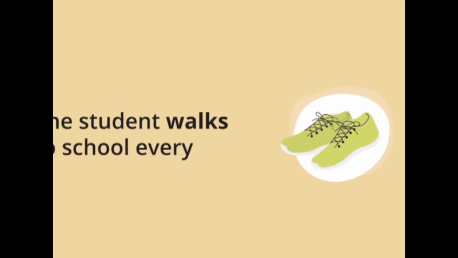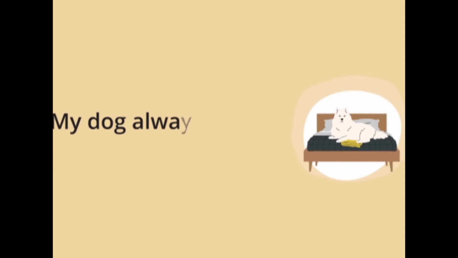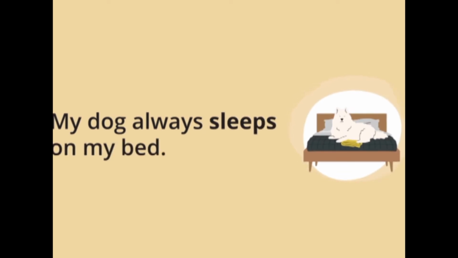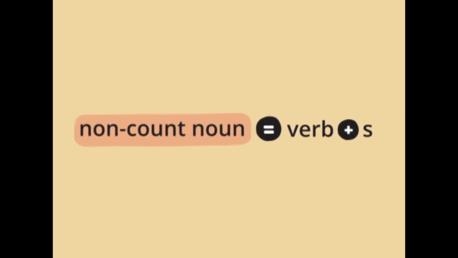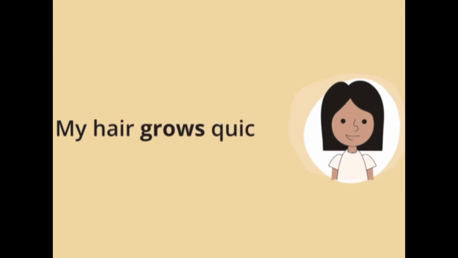The student walks to school every day. My dog always sleeps on my bed. We also use verb plus es when the subject noun is non-count, uncountable. Snow falls from the sky in winter. My hair grows quickly.